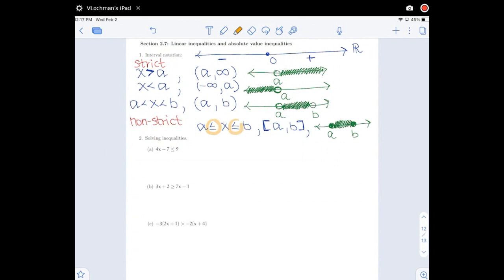Okay, so for non-strict inequalities, this is what's important. It's less than or equal to or greater than or equal to. We use square brackets. We include the endpoints. And I know it seems insignificant, but it is. Like we need to know when we can include endpoints or not, especially once we start talking about domains and ranges of functions. You will see that some functions are just not defined at endpoints, which means we have to remove them.